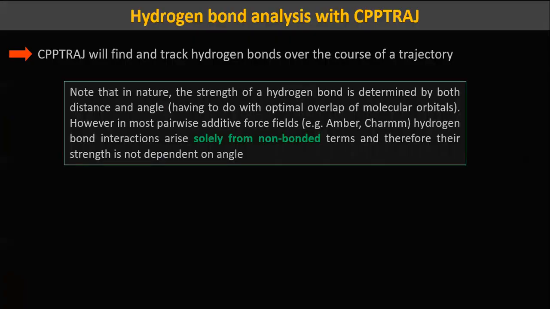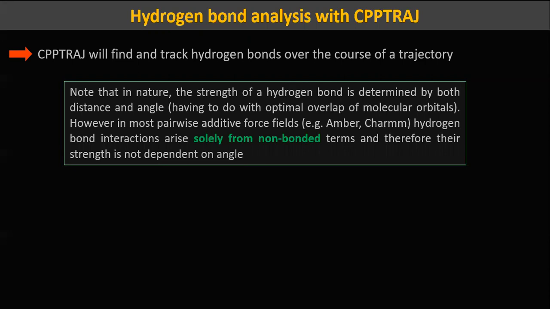So another analysis that is important to be done is H-bond. Sometimes when you dock a drug on a protein or mutate a residue on a protein, you want to know how the protein reacts to that part.